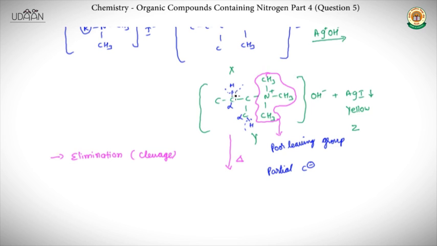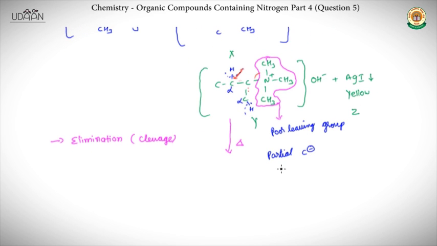Either this hydrogen can depart or this hydrogen can depart, because you are considering only alpha hydrogens, that is, this is alpha 1, this is alpha 2. Because one of these hydrogens has to eliminate and depart, you will get a double bond either here or here. Now you have to see which double bond you are going to get. You are told that you are going to get a partial carbanion character. If you carefully observe, you have carbanion here in the first case, and in the next case you are going to have carbanion on this carbon. This is secondary and this is primary.